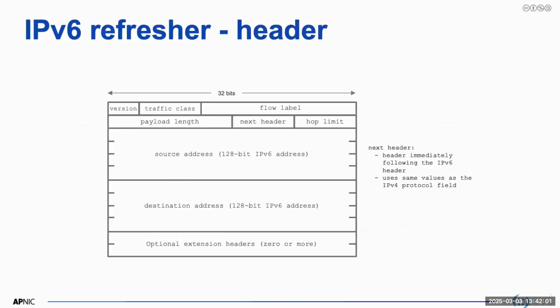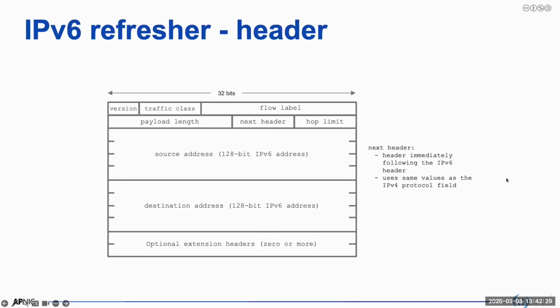So if we look at the IPv6 header, maybe you are already aware of how the IPv6 header looks. We have version, traffic class, flow label, payload length, and other fields: source, destination, and options. But I will focus on the next header here. So you can see here we have the next header. This next header helps us attach the segment routing header to the basic IPv6 header.